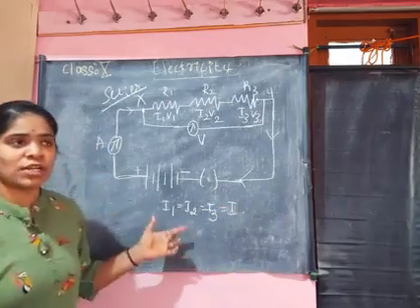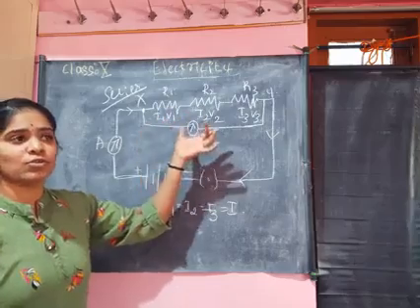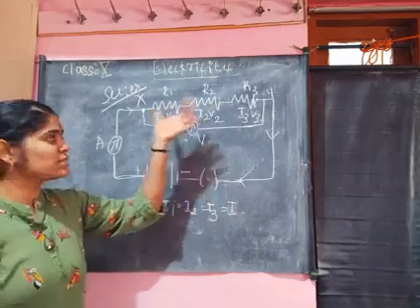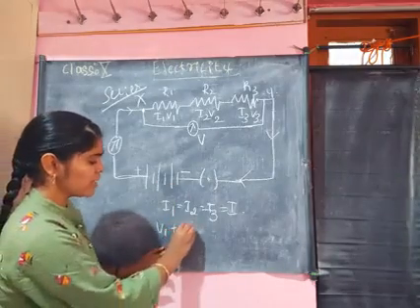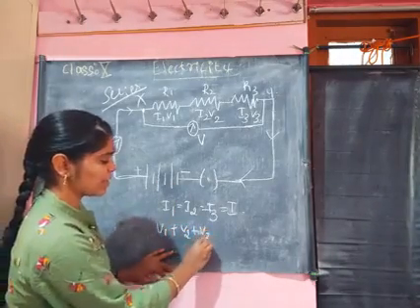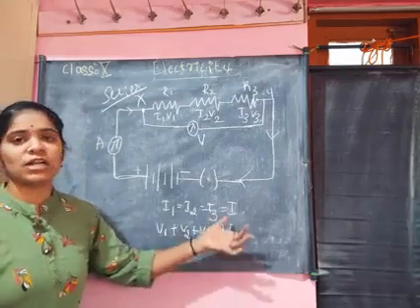The potential difference is divided and equals the sum of the potential differences in the circuit. So we write V1 plus V2 plus V3 equals capital V. This is the total potential difference.